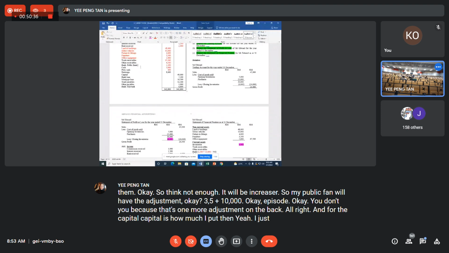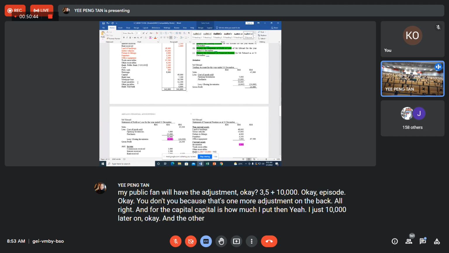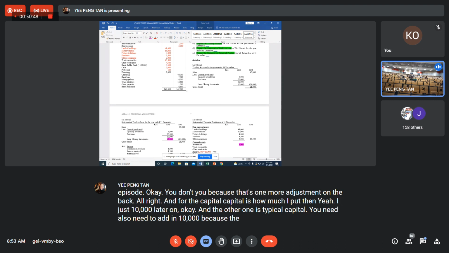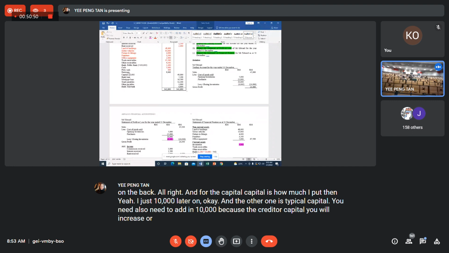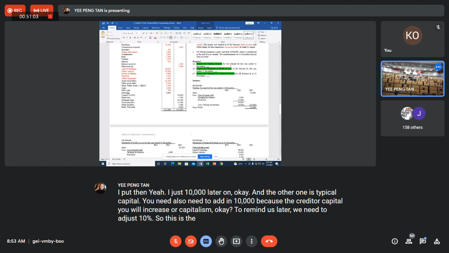Public bank, you need to add 10,000 later on. And the other one is capital. Capital, you also need to add 10,000 because you credit your capital, you will increase your capital by 10,000. We put here to remind us later we need to adjust 10,000. So this is the first adjustment.